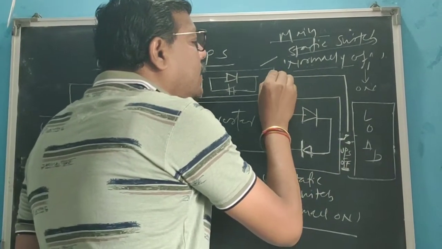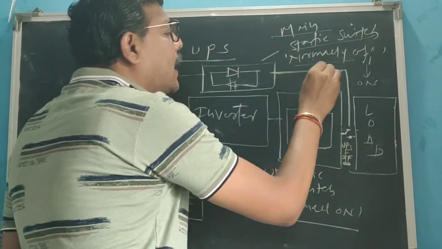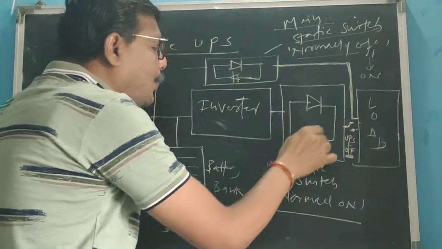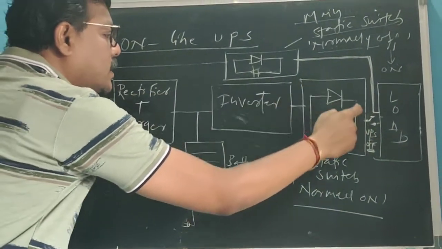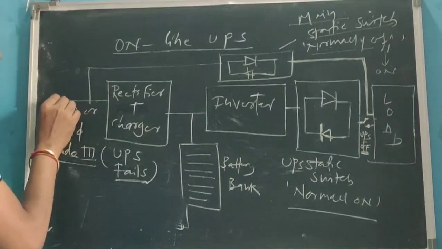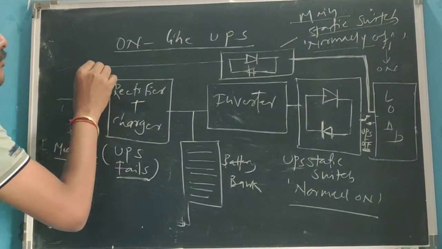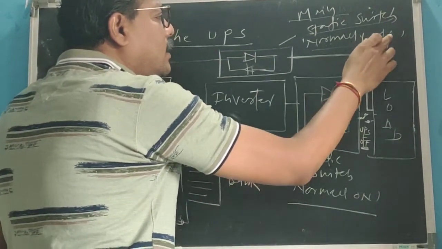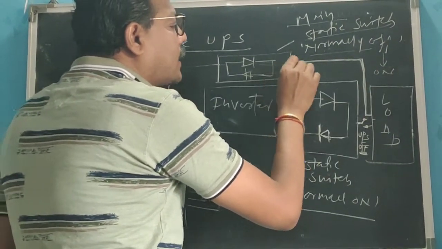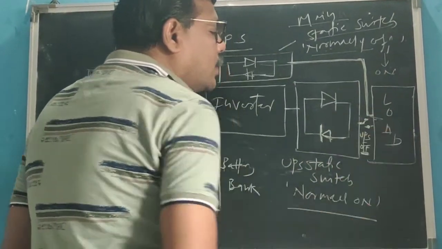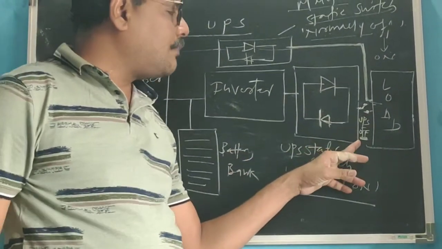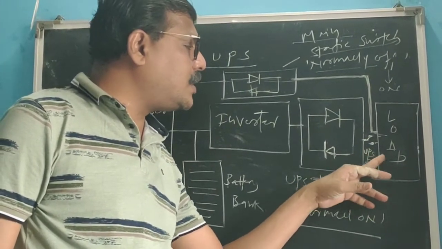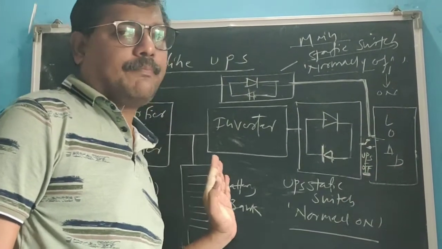At that time this mains static switch directly gets connected to the load. The one phase mains supply gives AC voltage directly through this static switch to the load. So the UPS static switch will disconnect the load from the UPS system.